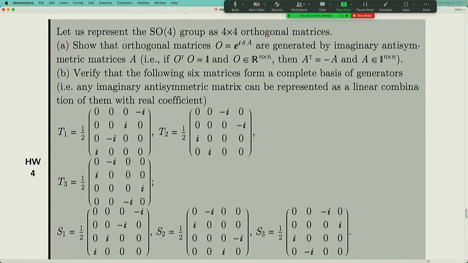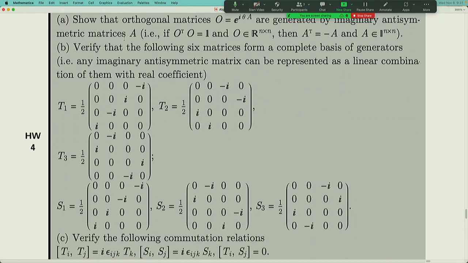These 6 different matrices, which I denoted as T1, T2, T3 and S1, S2, S3, form a complete orthogonal basis of these A matrices, meaning that any 4 by 4 matrix that satisfies this condition, of course here n equals 4, can be written as a real linear superposition of these 6 different matrices.